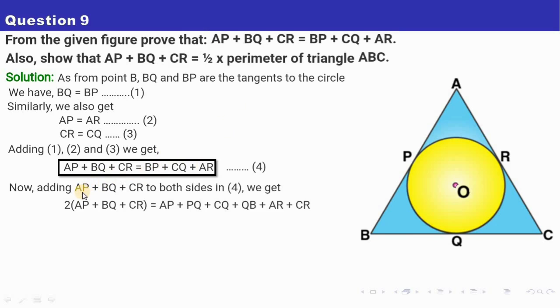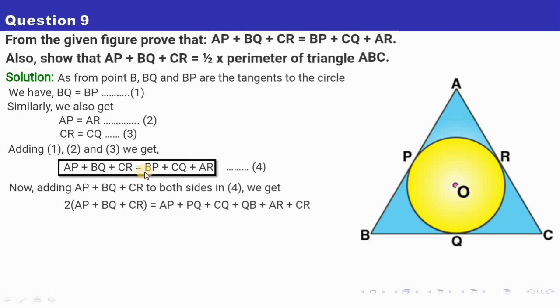For example, here we have AP and BP, right? So in AP we have P, and in BP also we have P. So we will write AP and BP together. So we have AP plus, it is not PQ, this is PB, or you can write BP also. All right, so please make the correction, this is not PQ. So we have AP plus BP.